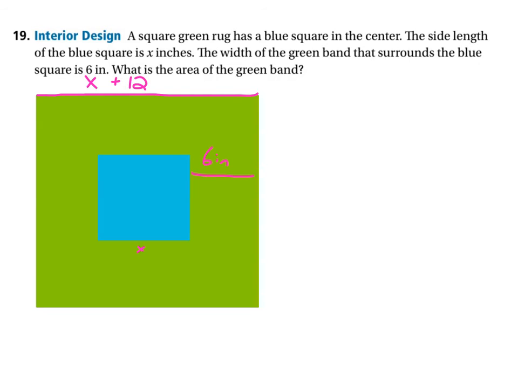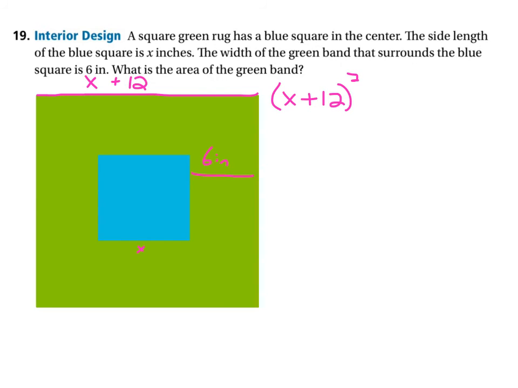Okay? What's the area of the green band? Well, the area of the green band is going to be whatever we get for the area of the whole square. If it was green all the way through without the blue, we would just say it's got a side length of x plus 12, and we do length times width, and they're the same.